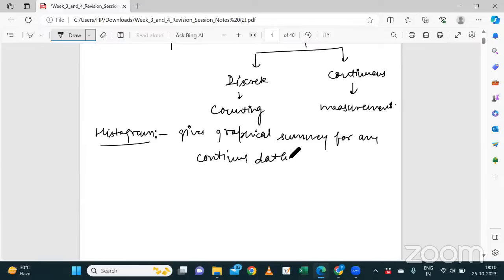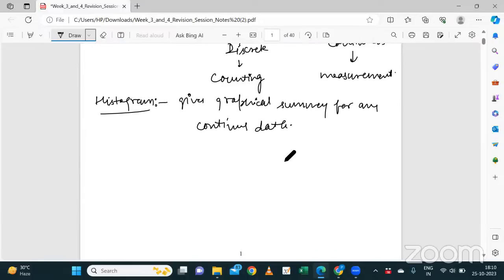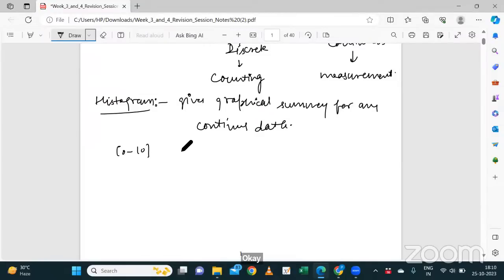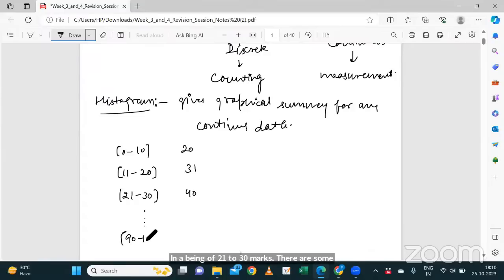You can take any continuous data, let's say marks, and make bins. Like in the bin of 0 to 10, there are some 20 students; in the bin of 11 to 20, there are 31 students; in the bin of 21 to 30 marks, there are 40 students. You can make the bins, right?